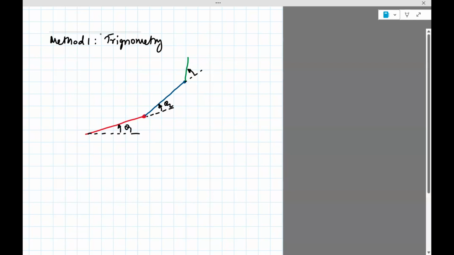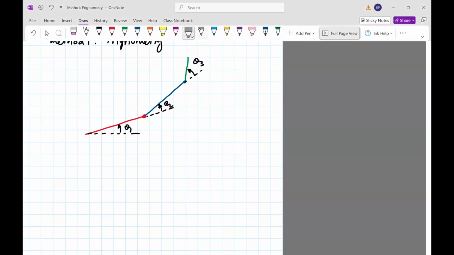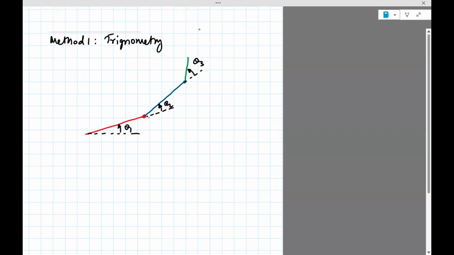Theta 3. And then it is not too hard to see that the angle made by the second link, the blue link, with respect to the horizontal is just simply the sum of the two angles, theta 1 plus theta 2.